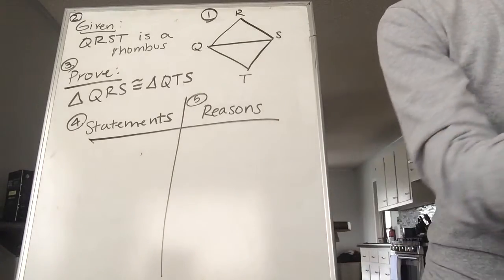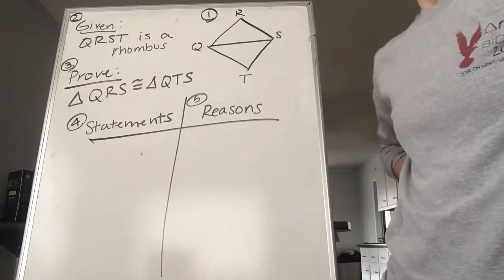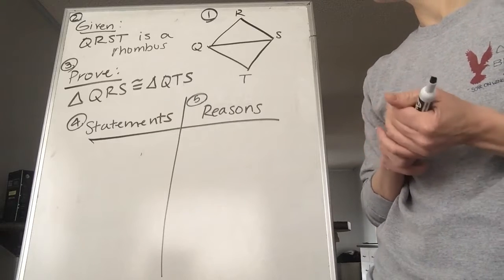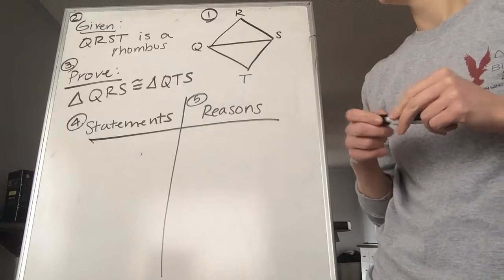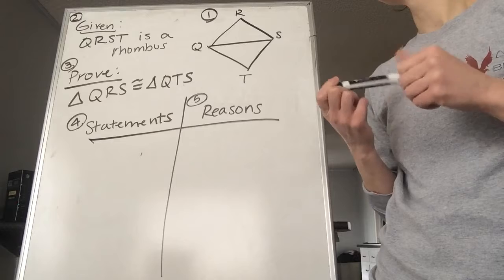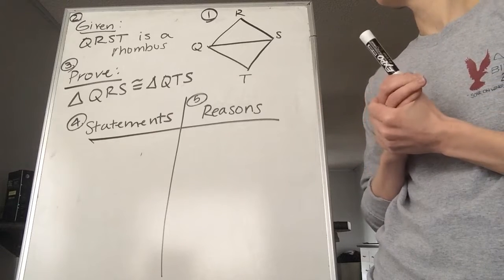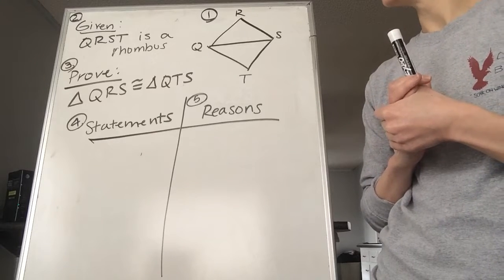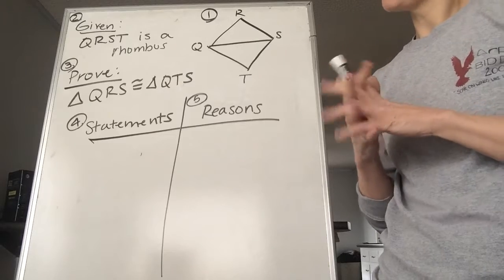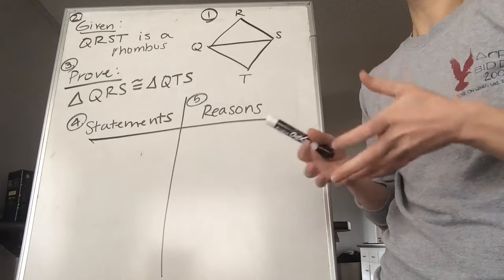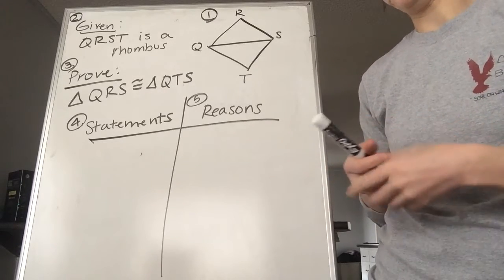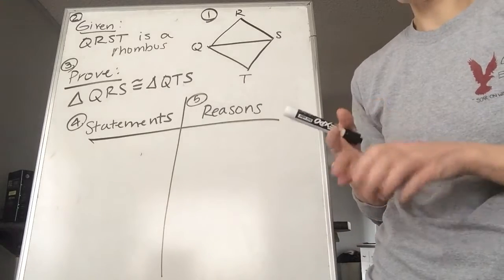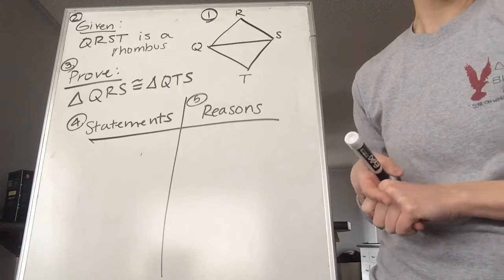Okay, so the first thing I just want to establish is when we are proving triangles congruent, we can do that multiple ways. There's postulates or different things that we can say, well, these are all the same, and if these are the same, then a triangle is congruent. So a triangle has 6 parts, 3 angles and 3 sides.